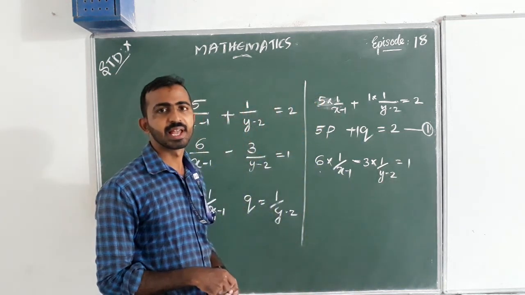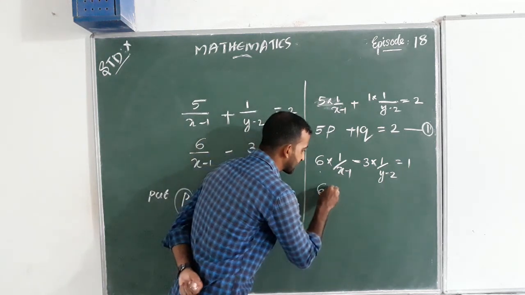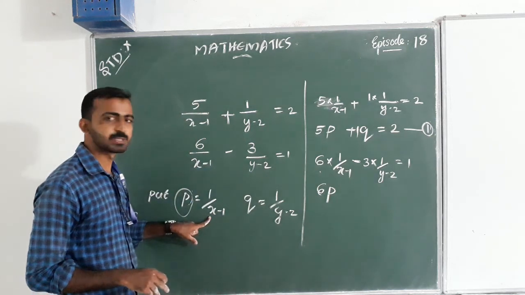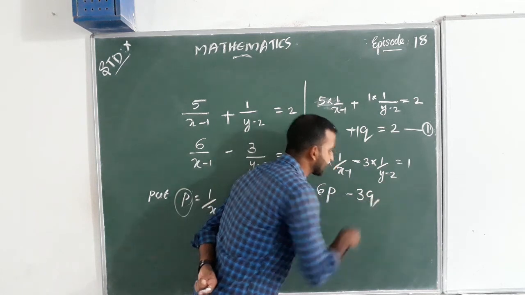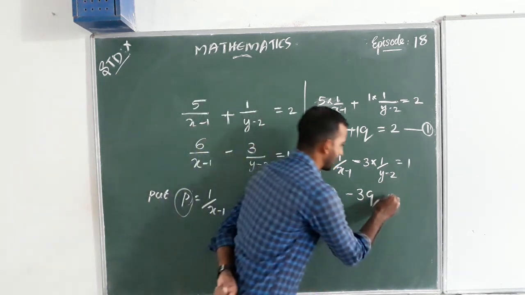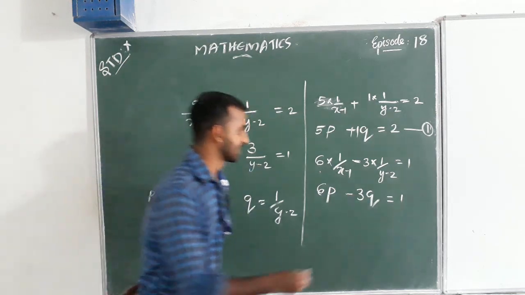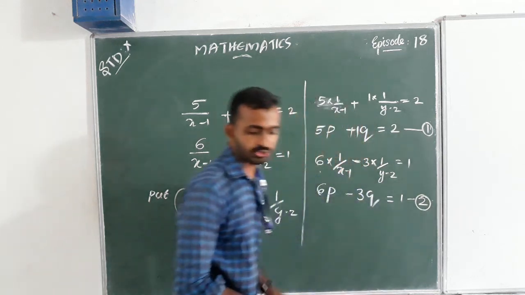That means 6p, since 1 by x minus 1 is p, minus 3q equal to 1. That is equation number 2.